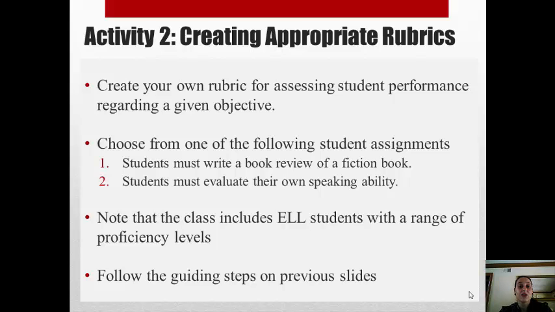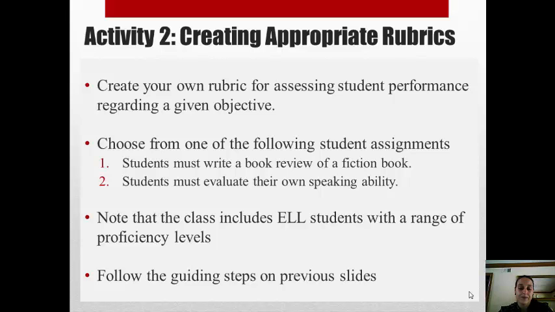That is something that I would like you to post to your discussion board for this week. And then once you're done, I would like you to comment on at least 2 of your peers and their rubrics. And I would love for you to give them feedback on how they have created their rubric and if you see room for improvement or aspects that you really liked.